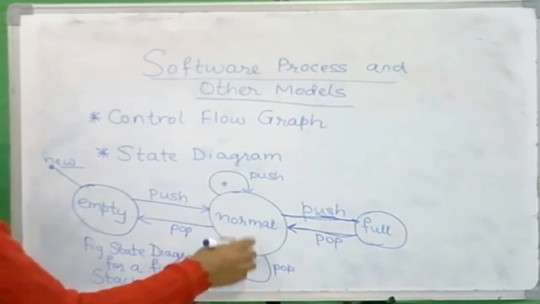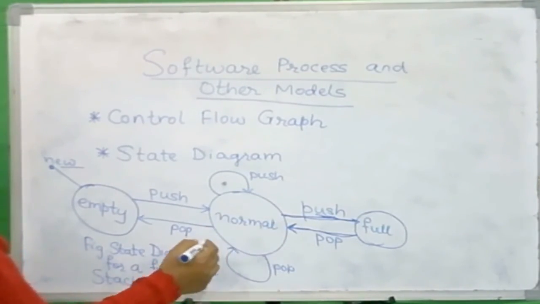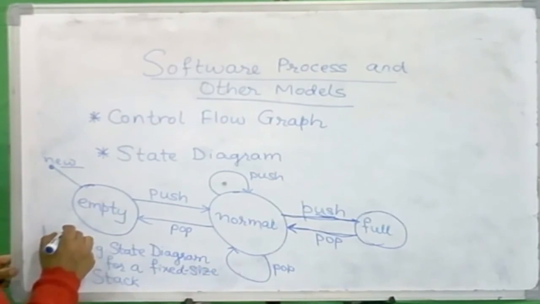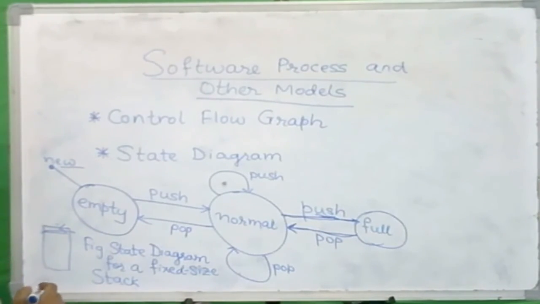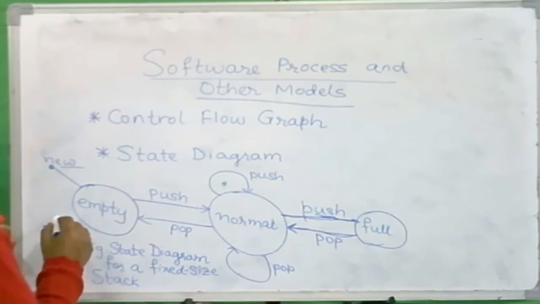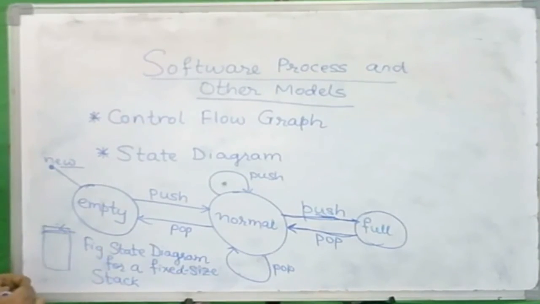Then this process gets repeated if it is normal, but once the stack is full and it has a fixed size, suppose, then the push operation cannot be generated.